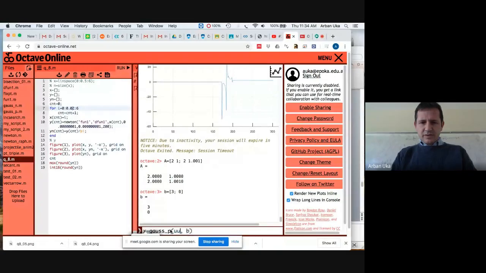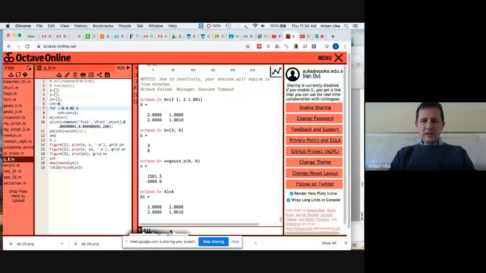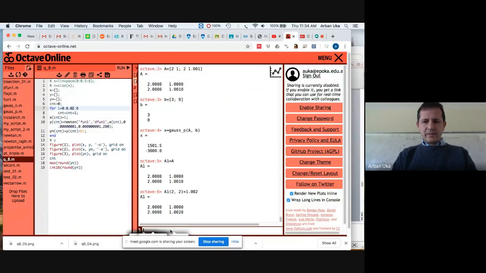So this is the answer B. The coefficient matrix is A. Let's do it like this: A1 is equal to A, and A1(2,2) is equal to 1.002. So let's do this again. X1 is the solution of the coefficient matrix A, using B as the answer. And X2, we can use the.